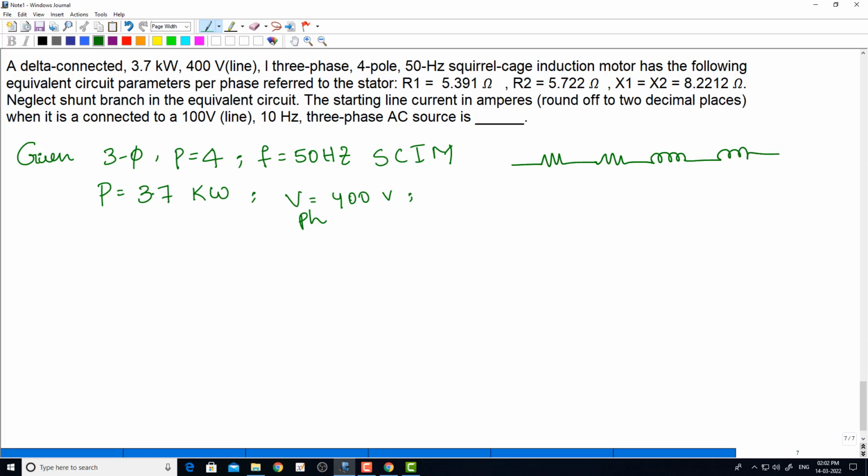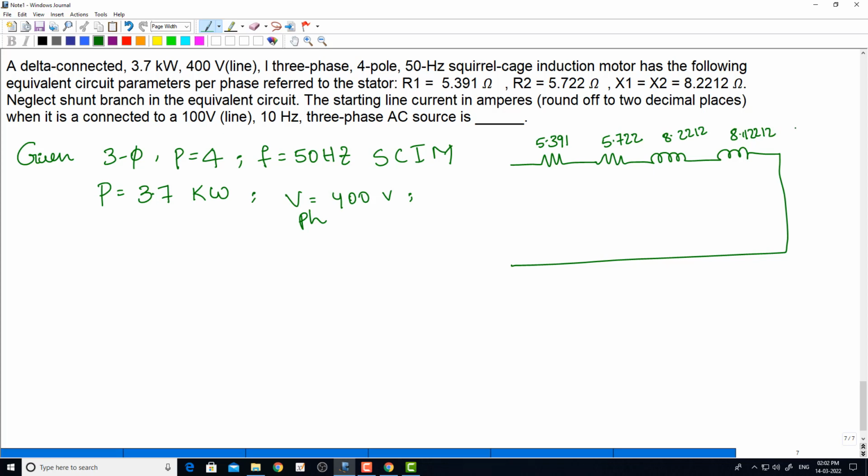R1 is equal to 5.391 ohm, R2 is equal to 5.722 ohm, X1 is equal to X2 is equal to 8.2212 ohm.